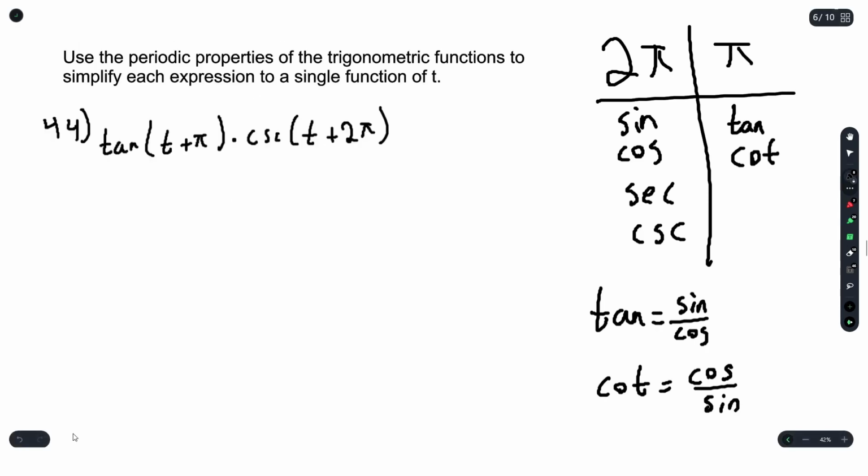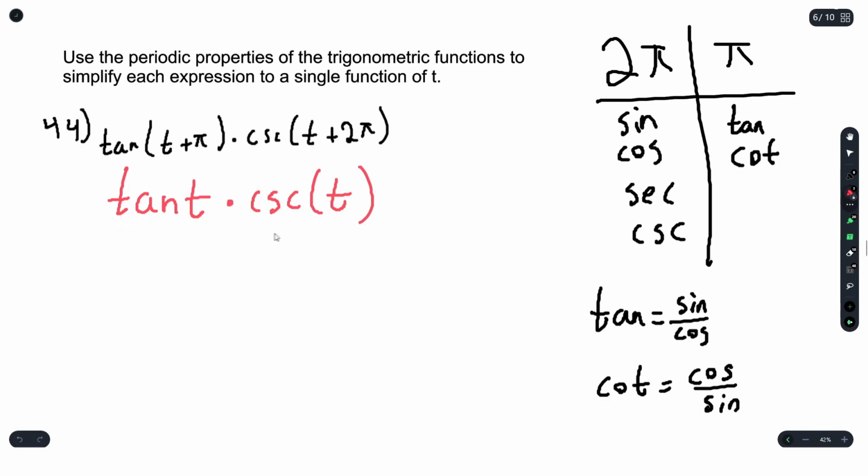Okay, let's do another one. So this time we have tan of t plus pi and cosecant of t plus 2 pi. So tan is plus its period, so the period goes away. Then cosecant is plus its period, so the period goes away. And here we have to simplify it to a single function of t.